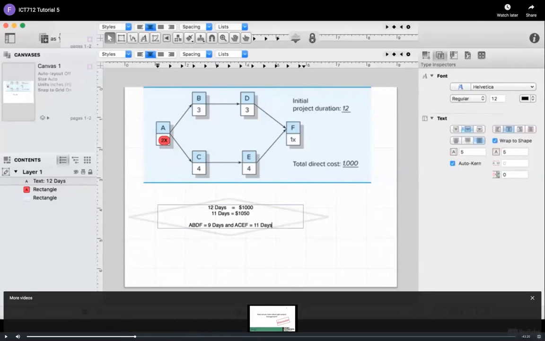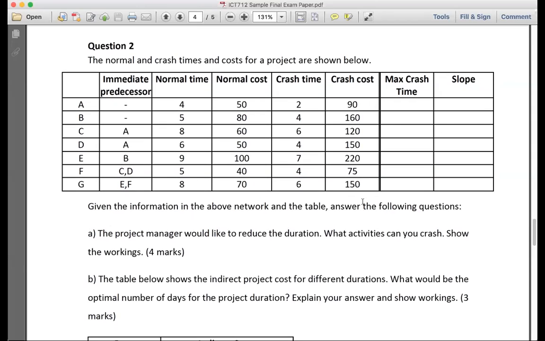Now, I am going to do exactly the same thing I did for the first part. I'll get you to go to this exercise. It's a big exercise that is listed there.